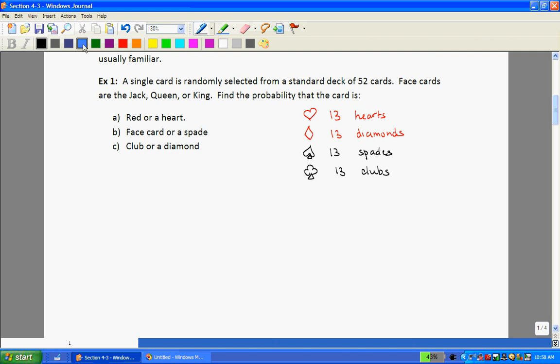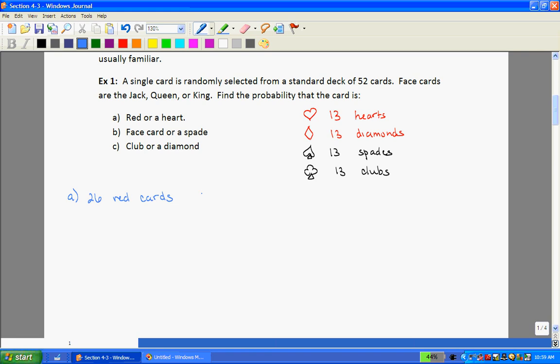So let's take a look at example A, or portion A. We remember we pull out one card, and we want the probability that the card is red or heart. Well, let's first look at how many cards are red. Well, there are 26 red cards, right, if we add up the hearts and the diamonds.